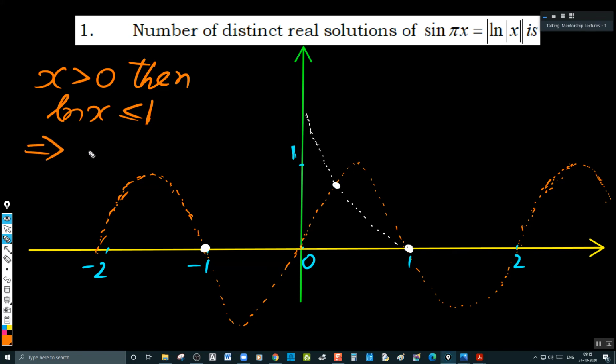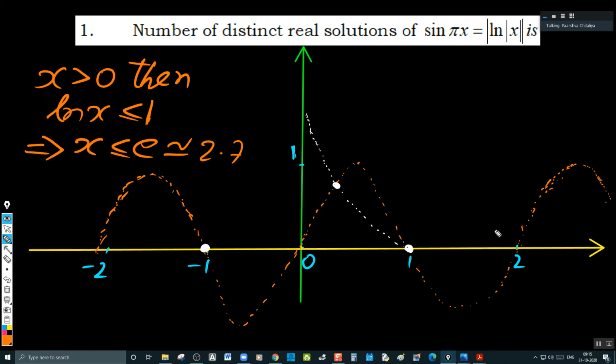So remove the logarithm: x is less than or equal to e. What is the value of e? Approximately 2.7. Definitely it will intersect.